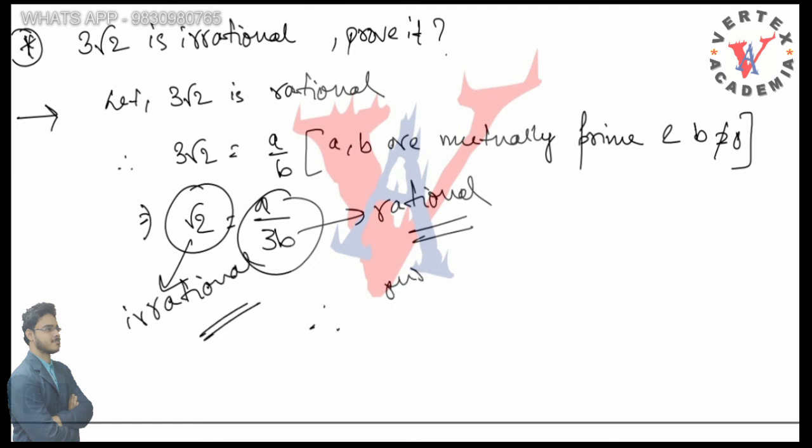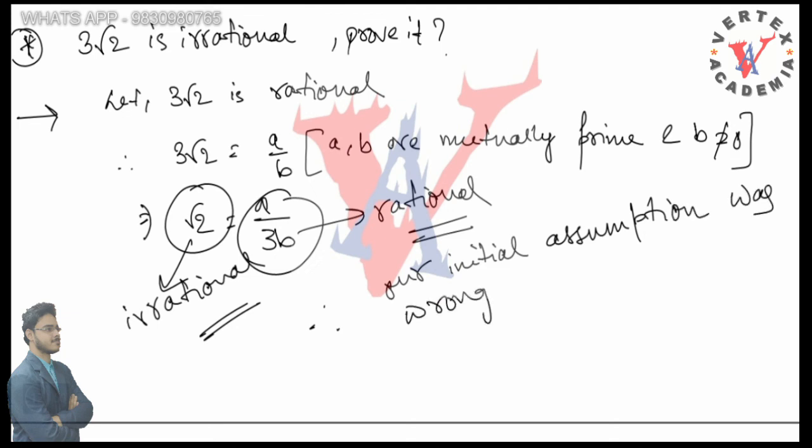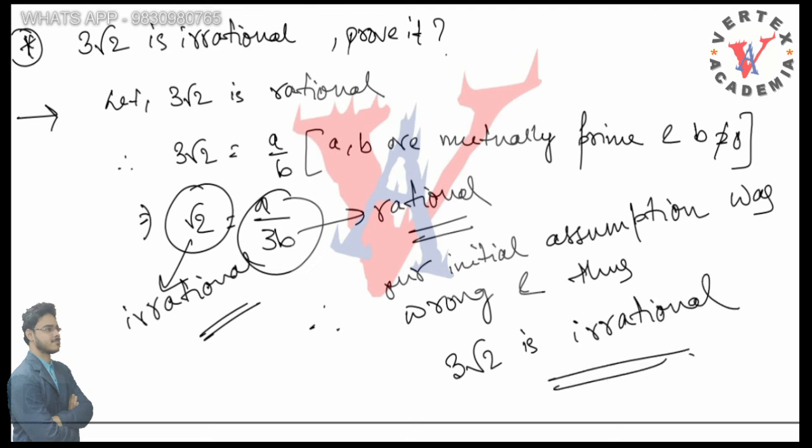Therefore, our initial assumption was wrong, and thus 3 root 2 is irrational. I hope this is clear.